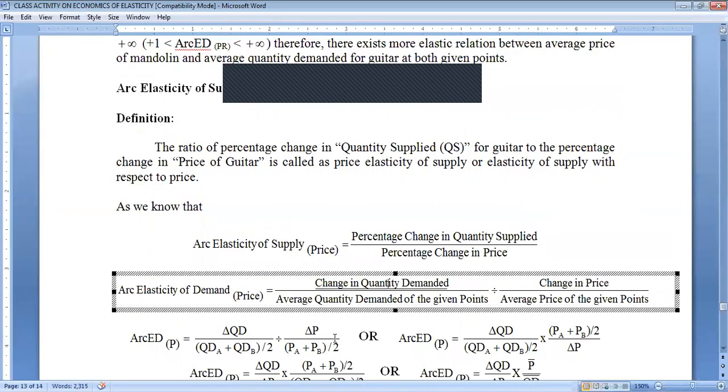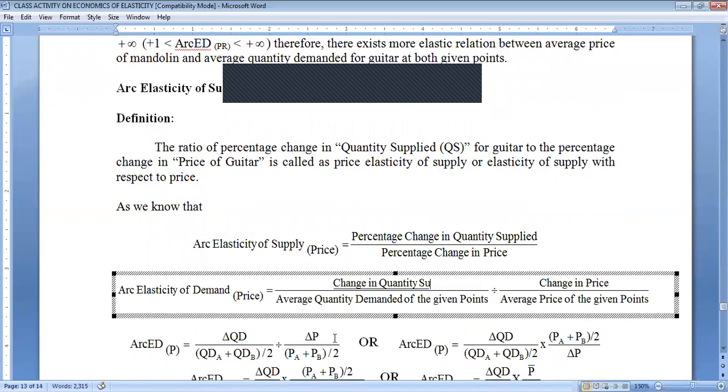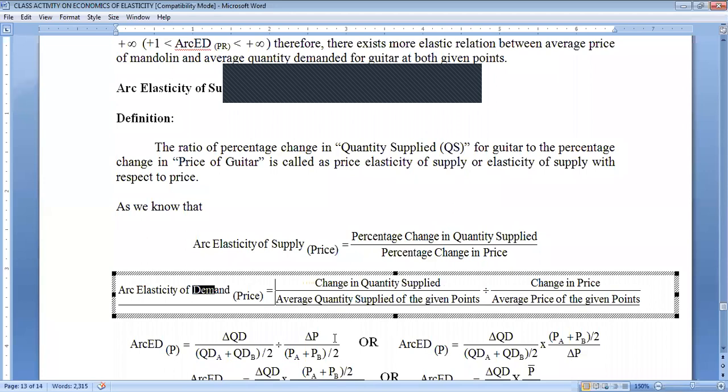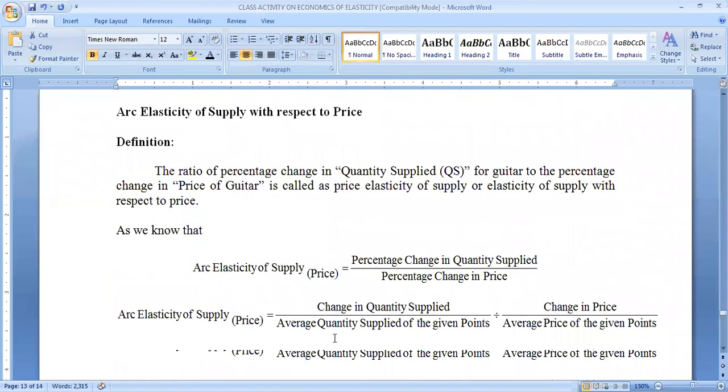In the next formula, it should be written as change in quantity supplied divided by average quantity supplied of 2 points. The formula should be arc elasticity of supply with respect to price equals change in quantity supplied divided by average quantity supplied of the given points, divided by change in price divided by average price of the given points.